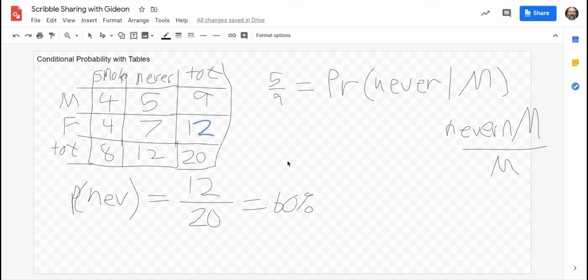Versus the questions that go the other way around. Let's compare gender by smoking status. That means you're going to contrast the smokers with the never smokers and ask what percentage of them were either gender. Compare gender with respect to smoking status.